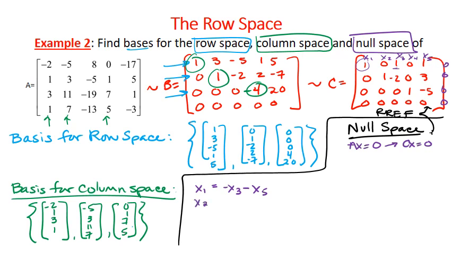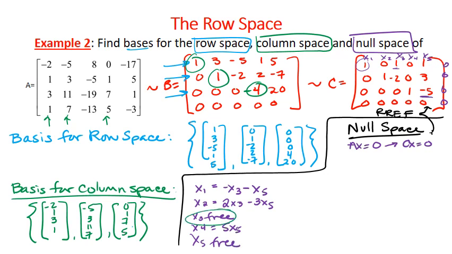Then x2 is equal to 2x3 minus 3x5. x3 is free. x4 is a positive 5x5, and then x5 is free.